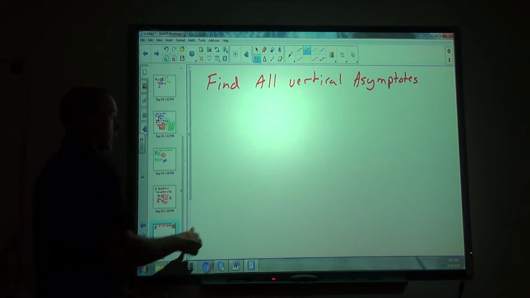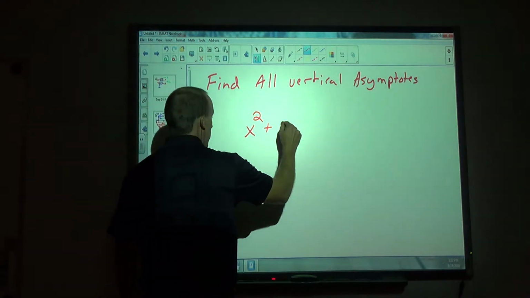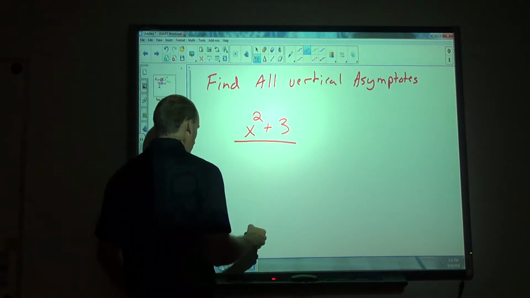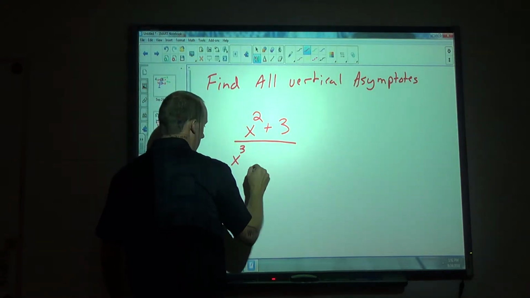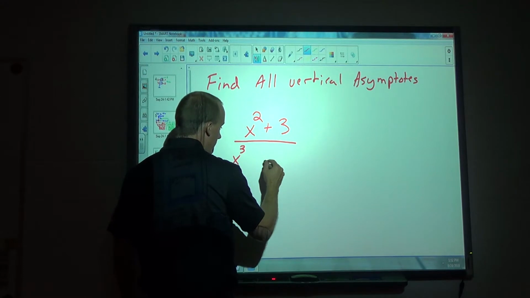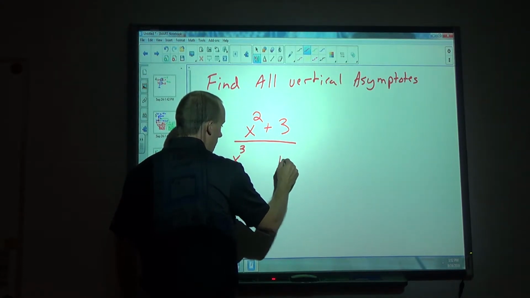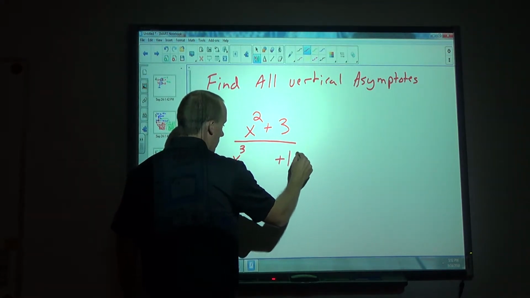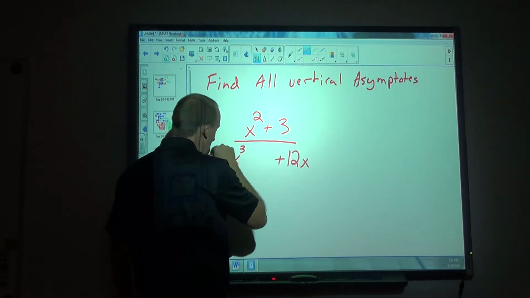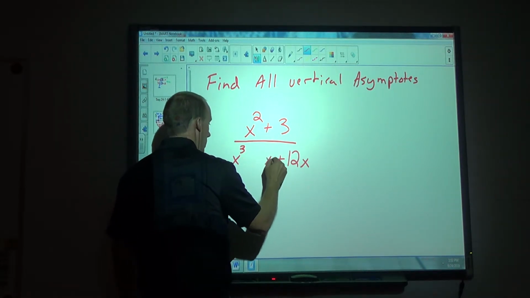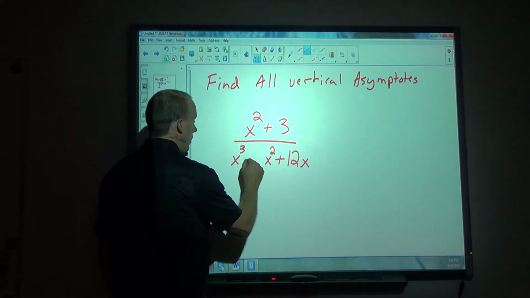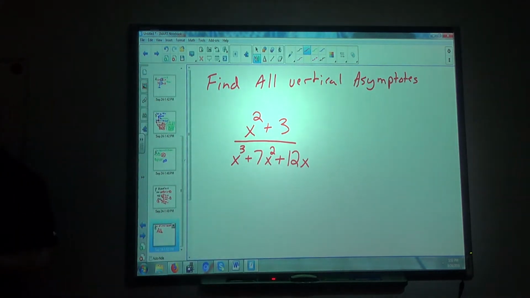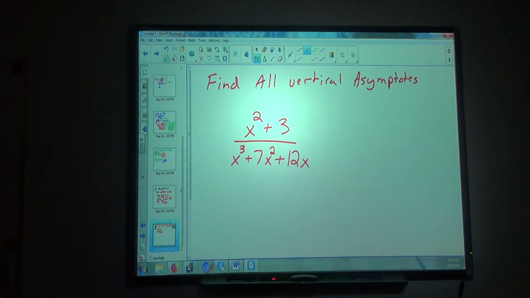Okay, so let's say I got x squared plus 3 on top over x cubed. Let's go with 12x. And let's go there. Okay, so find all vertical asymptotes.